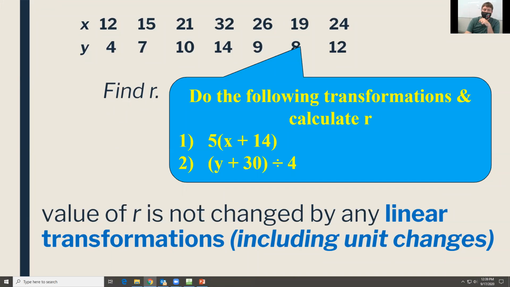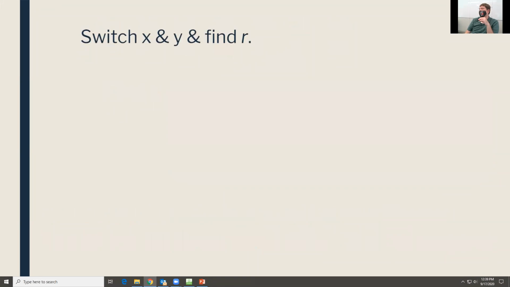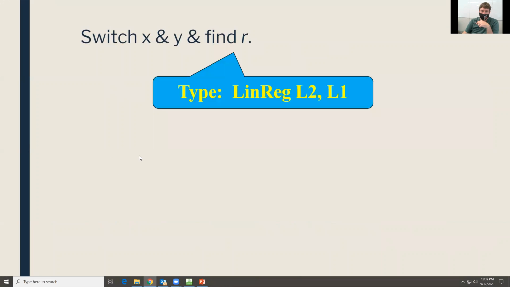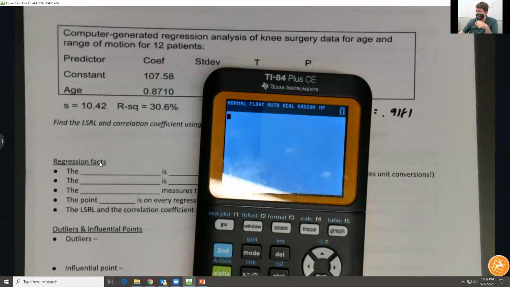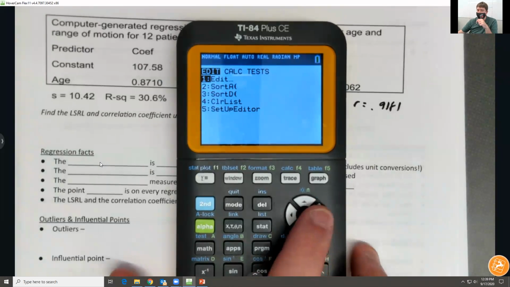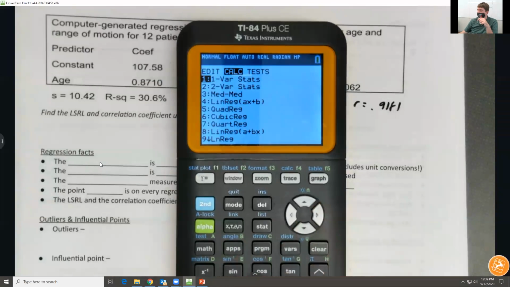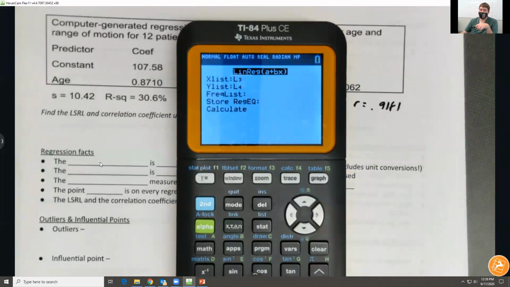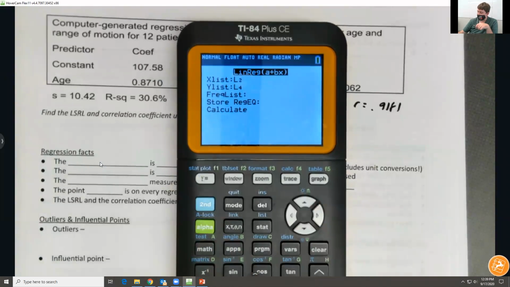All right, next up. We're going to switch X and Y, just for fun. What happens if I put my X's as my Y's and my Y's as my X's? What you can do for this one is just when you get to your regression, flip it. You don't have to retype anything. You don't have to copy anything. You go to your calculate menu, you press number 8, and we say, nope, this time my X values are actually list 2, and this time my Y values are actually list 1.